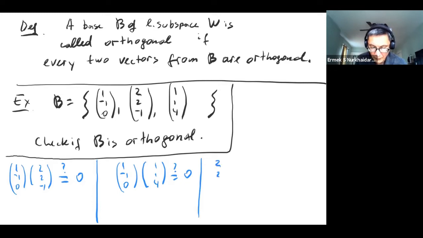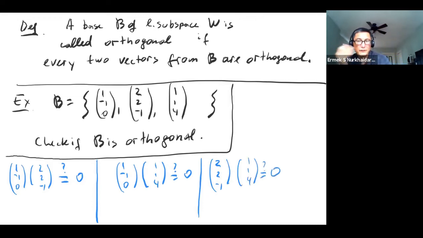So 2, minus 1 times 1, 1, 4, is that equal to 0? So we're going to check three. I'm going to give you a minute to check if all of that is happening. If all of those are orthogonal, then we conclude that the whole thing is orthogonal. If at least one is not, then the whole thing is not orthogonal. 2 minus 2 plus 0 equals 0. That's correct.